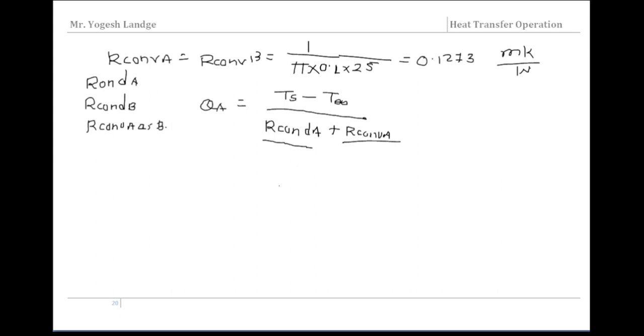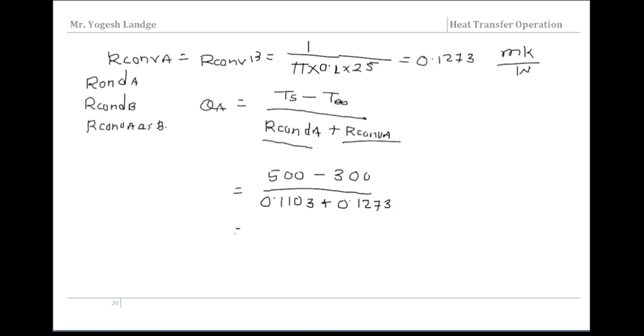So I put in the values. TS is 500 minus T infinity, which is 300 as mentioned, upon the R conduction A value we calculated, 0.1103, and the resistance of convection, 0.1273.